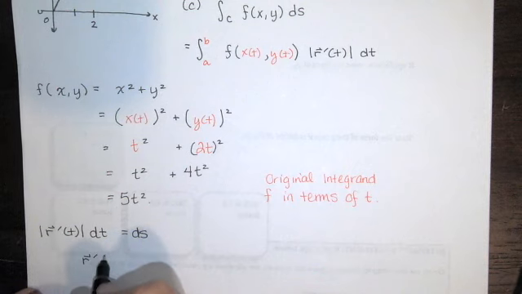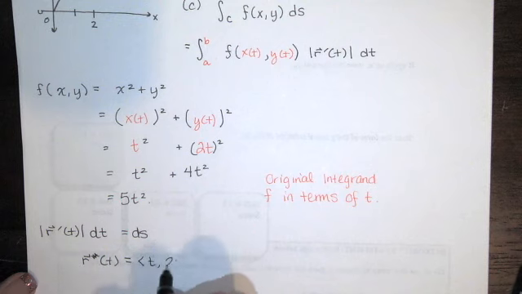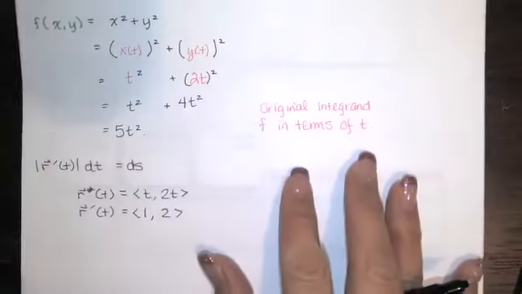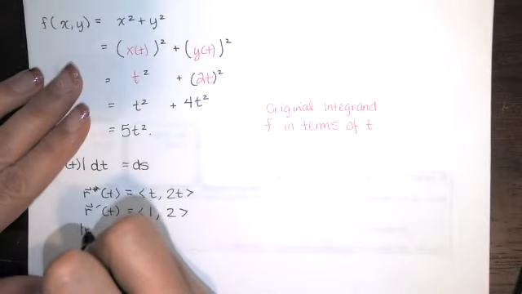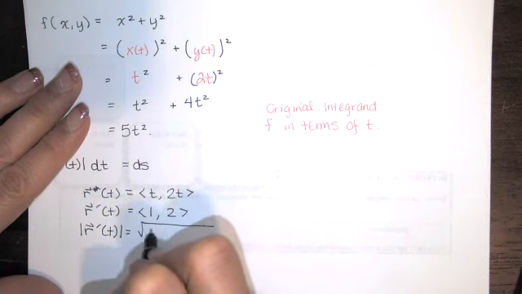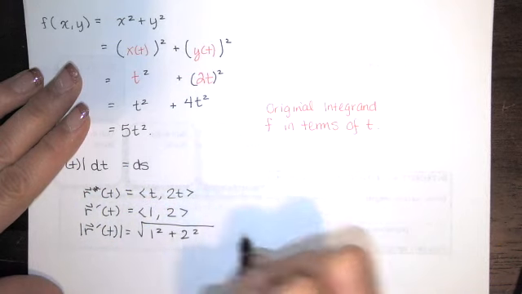So first I'll write down r of t. R of t was a vector with components t and 2t. Just take its derivative, component by component. I get 1 and 2. And then I'll find the magnitude of that. Remember, whenever you're taking the magnitude of a vector, you take the components, you square them and add them and take the square root.